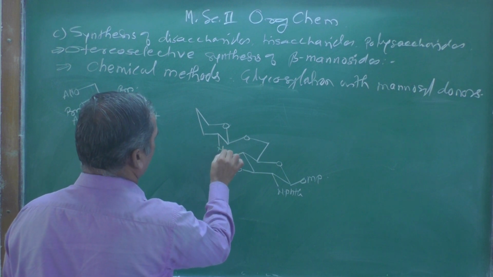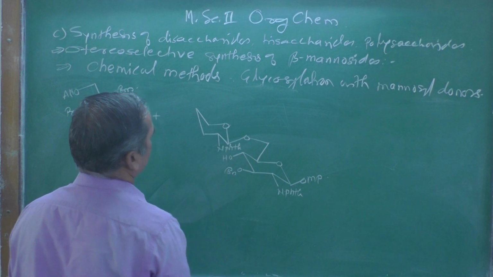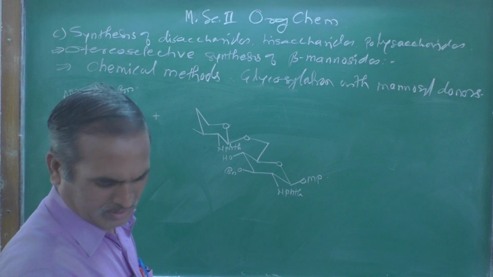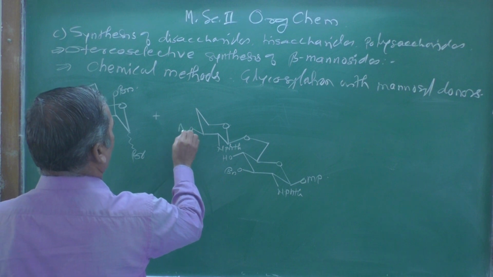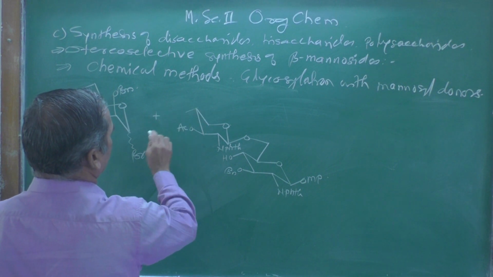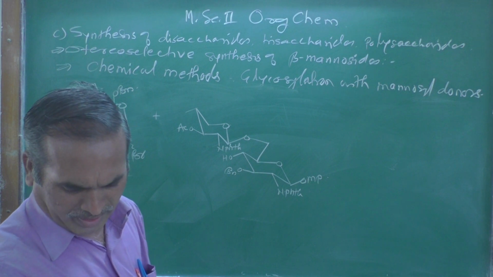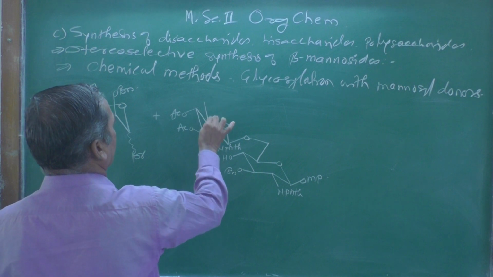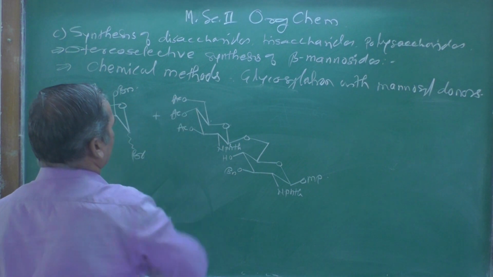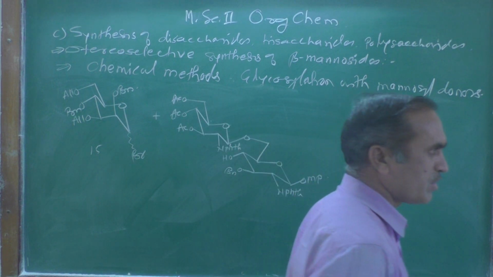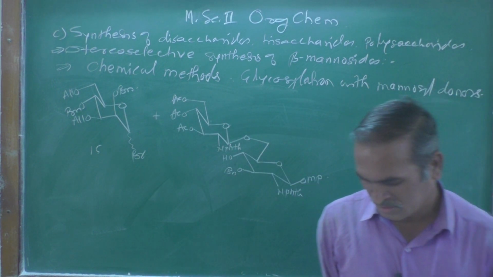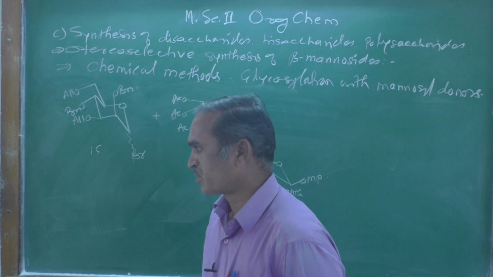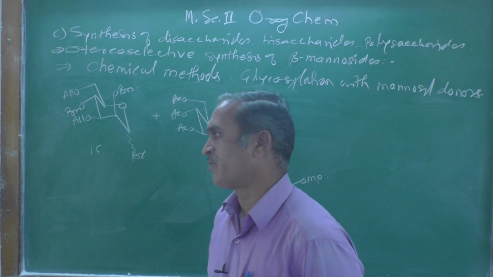See here NPhth, then at this point there will be OAc acetyl group protection. Here once again all the groups are protected with acetyl. As we know, for the protection of this hydroxyl group we introduce this group in the presence of NaH.